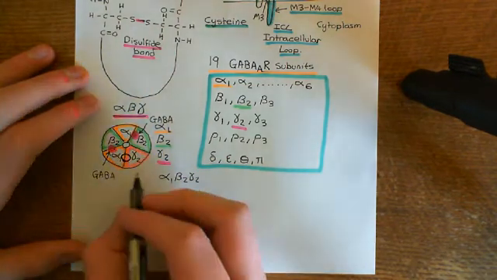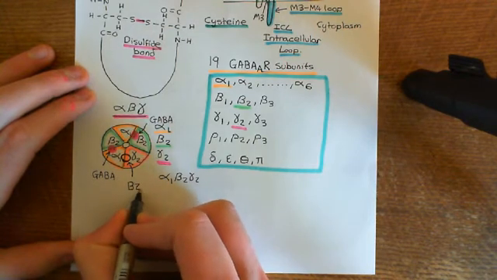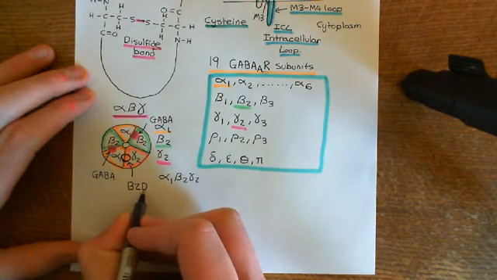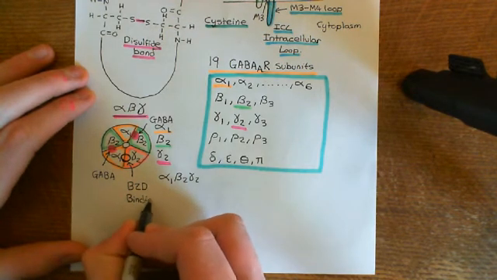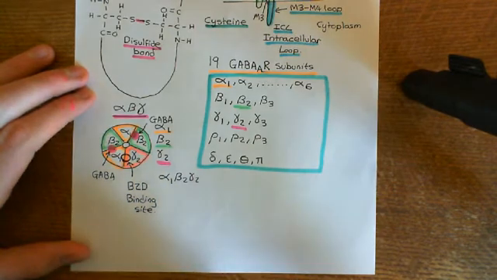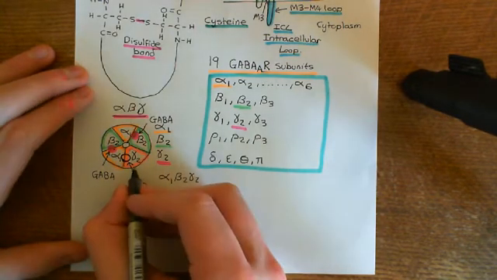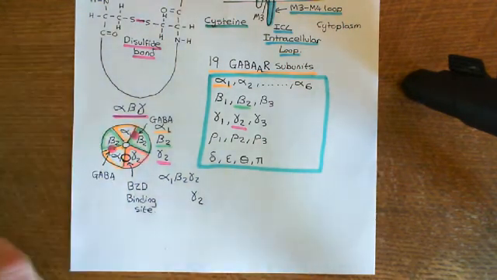Now, the requirement to have this benzodiazepine binding site, which is often abbreviated, by the way, as BZD, is that the gamma subunit absolutely must be gamma-2. No ifs, no buts.